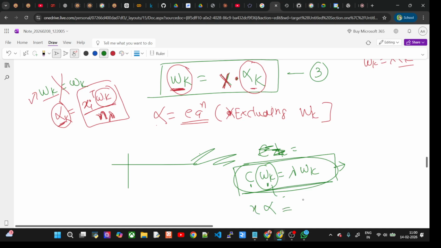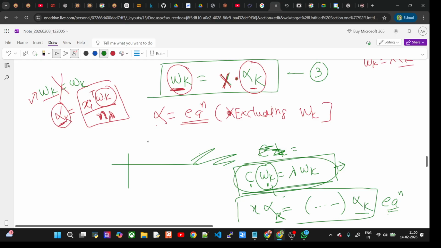Suppose x, and then this is some value, and this is alpha. So this will be the eigenvector of some equation, and that equation we are deriving now. This alpha k is nothing but the eigenvector.